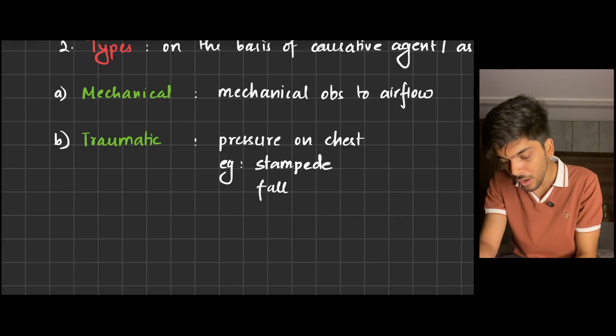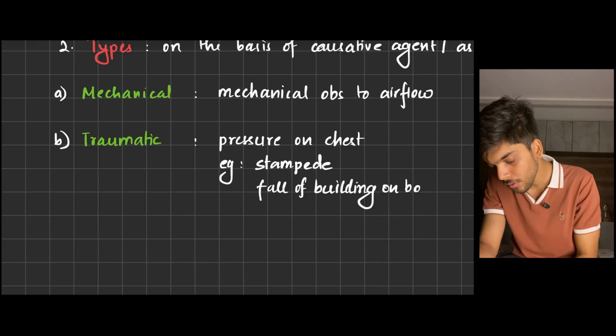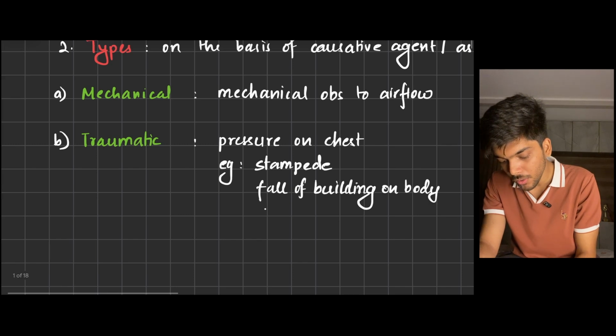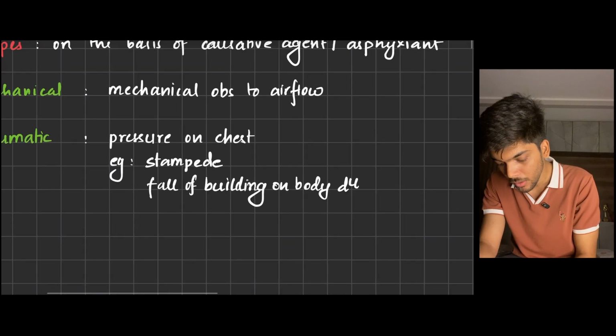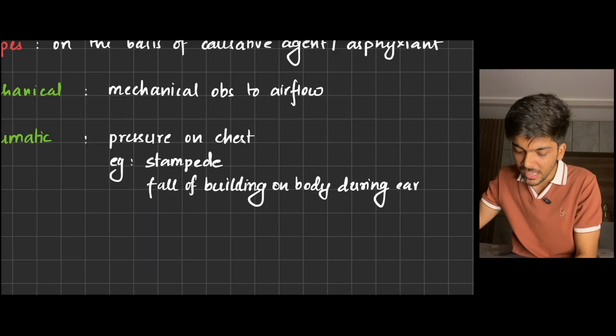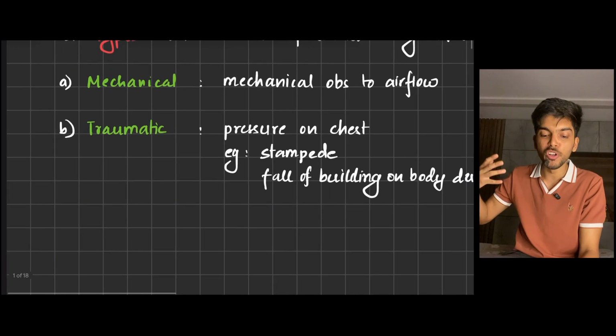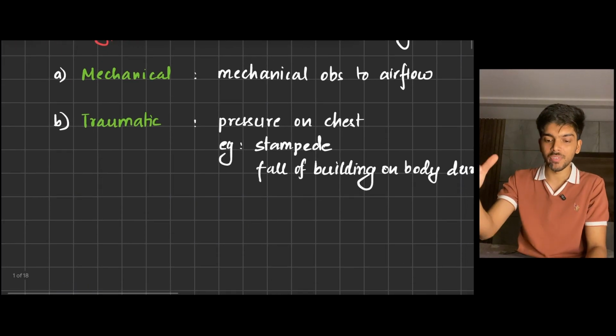Or a fall of building on body during earthquake. So during earthquake, building, it collapses over your body, and the same thing happens. You are unable to breathe, leading to traumatic asphyxia.